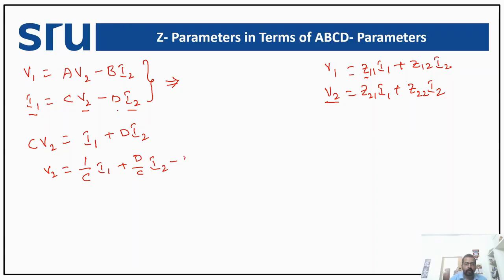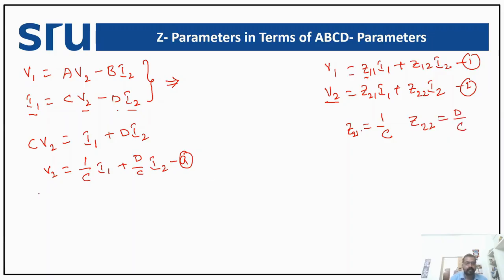Now if you compare this equation, call it equation A, with equation 2 here, we get that Z21 is equal to 1 by C and Z22 is equal to D by C.